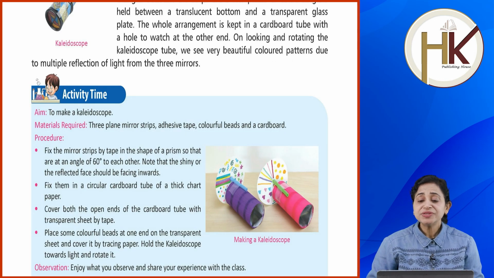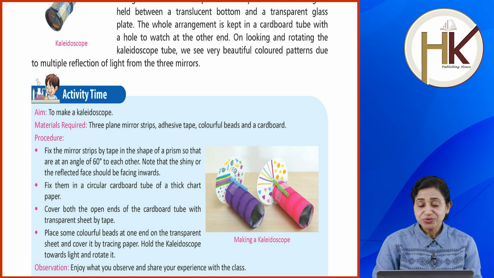The whole arrangement is kept in a cardboard tube with a hole to watch at the other end. On looking and rotating the kaleidoscope tube, we see very beautiful colored patterns due to multiple reflections of light from the three mirrors.